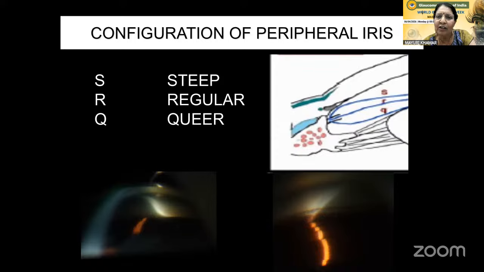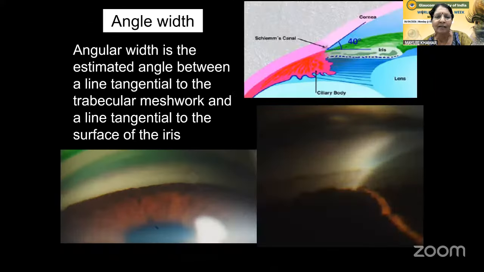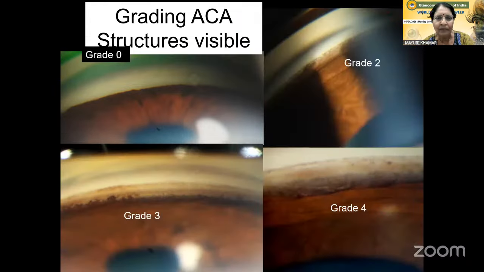The configuration of the peripheral iris is divided into steep, which is typically seen with pupillary block type of glaucoma, and regular or plateau or concave iris configuration, seen with myopic eyes or pigmentary glaucoma cases. Now, angle width is the estimated angle between a line tangential to the trabecular meshwork and a line tangential to the surface of the iris.